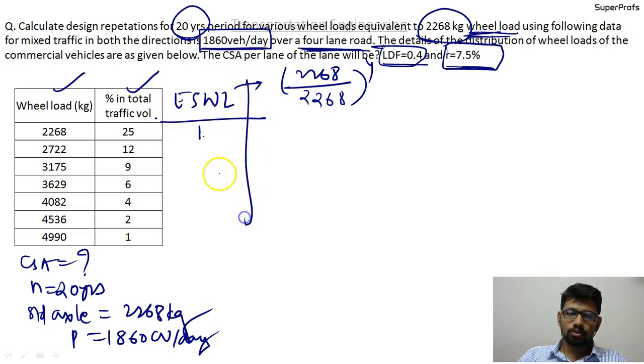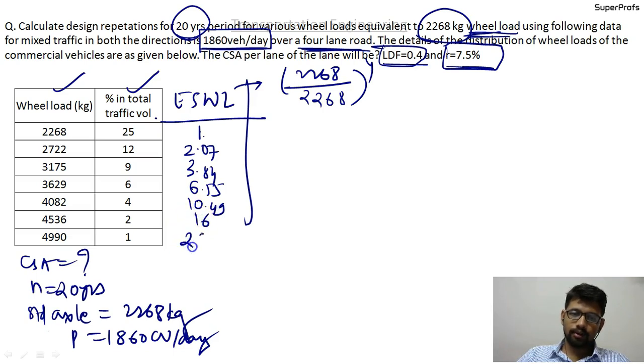Similarly for all of these: here it comes out to be 2.07, here 3.84, here 6.55, 10.49, 16 and 23.43. That is the equivalent single wheel load.